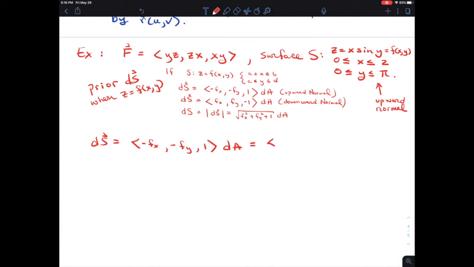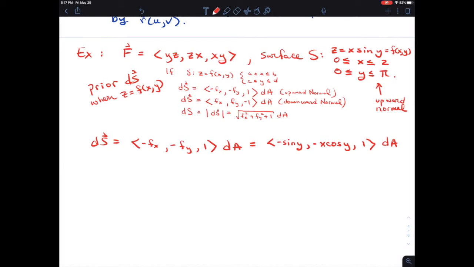Negative fx, with respect to x, would be negative sine y. Then negative fy would be negative x cos y. And the 1 always has a positive z component, and we'll put our dA in here. Any questions?